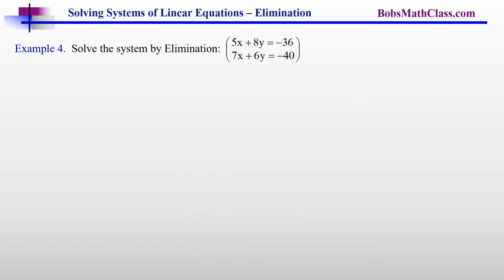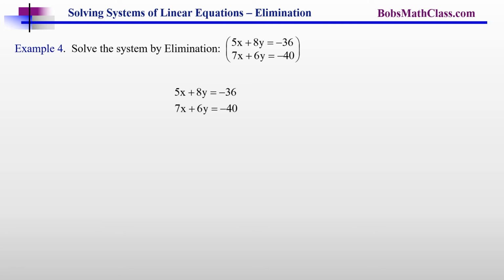Okay, next example. 5x plus 8y equals negative 36, and 7x plus 6y equals negative 40. Well, we're going to have to multiply both rows by a number. We could either get rid of x or y. The LCM for the x is 35, so we would have to make them both into a 35, one positive and one negative.